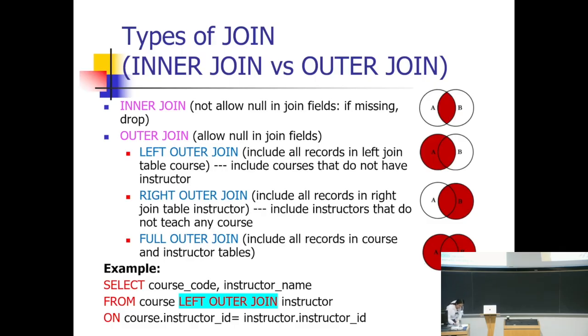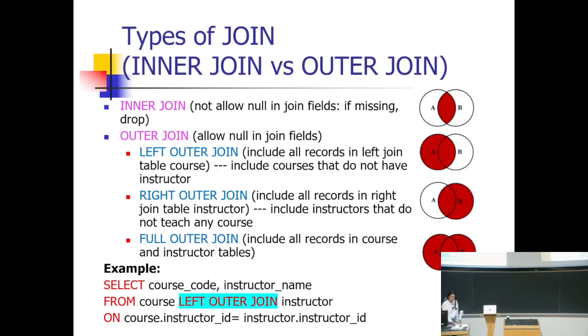Now the same thing if I write select star from instructor left join course. Sorry for my handwriting. This is instructor, this is course, right?